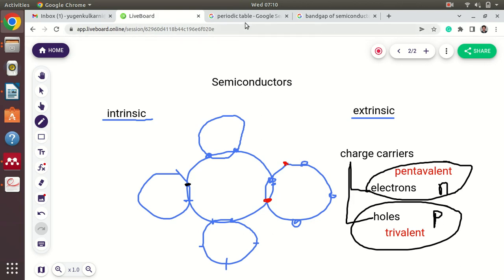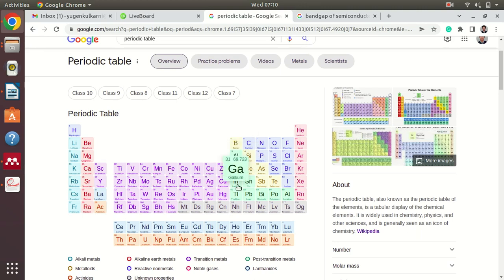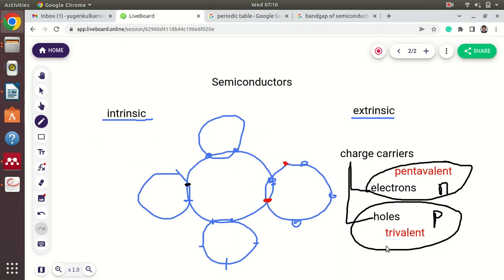Group 13, the boron family, is trivalent, the nitrogen family is pentavalent, and the carbon family is tetravalent, meaning they have 4 electrons in the outermost orbit. So by adding a small amount of trivalent or pentavalent impurities, we can alter the conductivity.